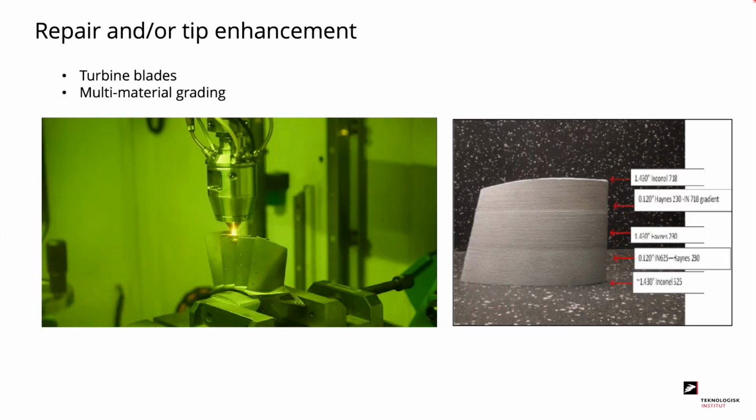Another typical use of the lens process is repair and/or tip enhancement. Turbine blades are often exposed to high wear, and you can then repair or even enhance the tip of turbine blades by multi-material grading or adding stronger materials on top. What we see on the right is an example of multi-material grading, where at the bottom we have deposited Inconel 525 and at the top have deposited Inconel 718.